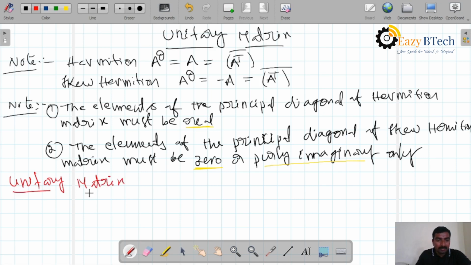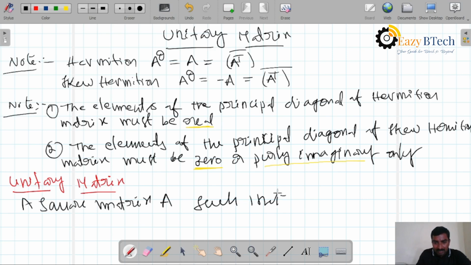What is this unitary matrix? So here unitary means a square matrix capital A such that A power theta into A equals I, or we can write A into A power theta.